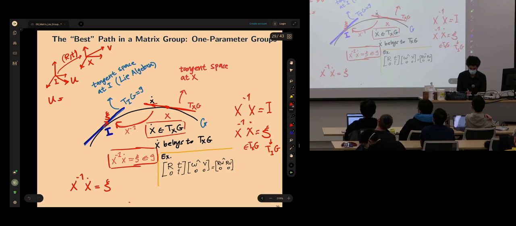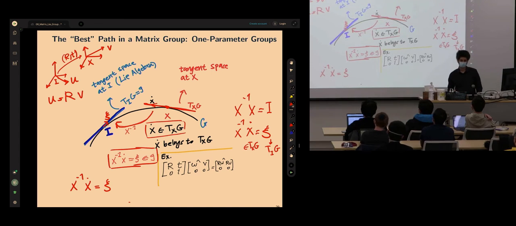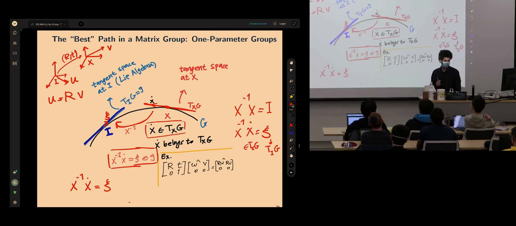Now, U is a rotated version of V. Or depending on how you have it, yes, U is the rotated version of V, depending on how you define the rotation, right? Based on the inverse of it or not.